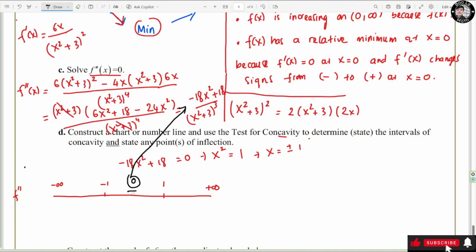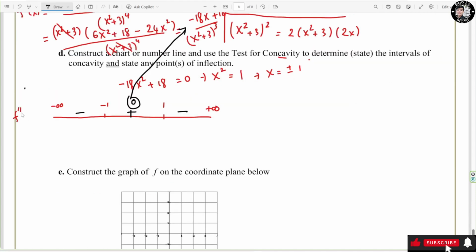So this one is positive. If this one is positive, this one must be negative. So f double prime is negative on these two intervals, right? So the function f must be concave downward, and this one is concave upward, because f double prime is greater than 0 on this interval, right?